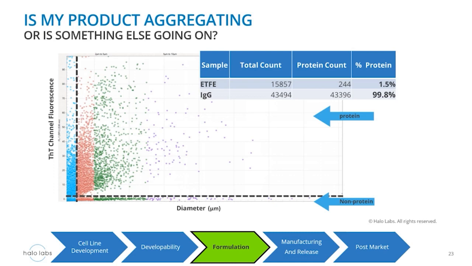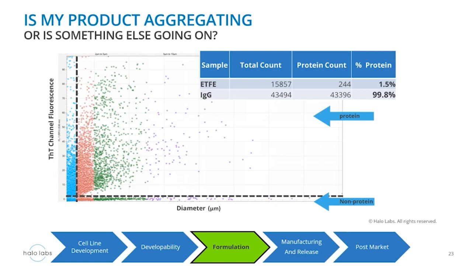When we stain the sample with thioflavin T, you start seeing how many particles are indeed proteinaceous and giving us a signal for that thioflavin T channel. And these are the particles along the y-axis, and how many of which are non-protein, and so those are the ETFE particles along the x-axis.